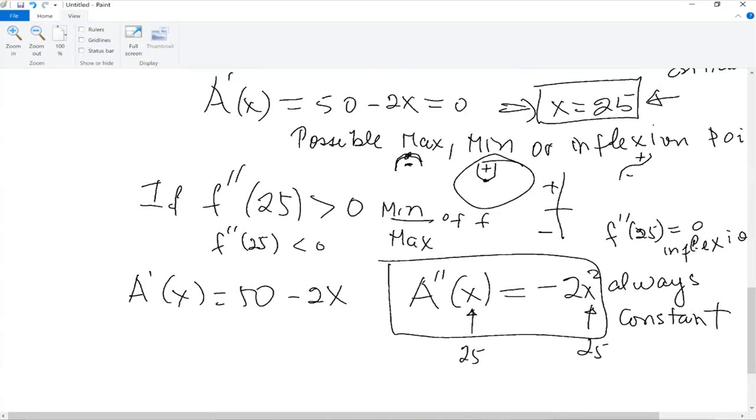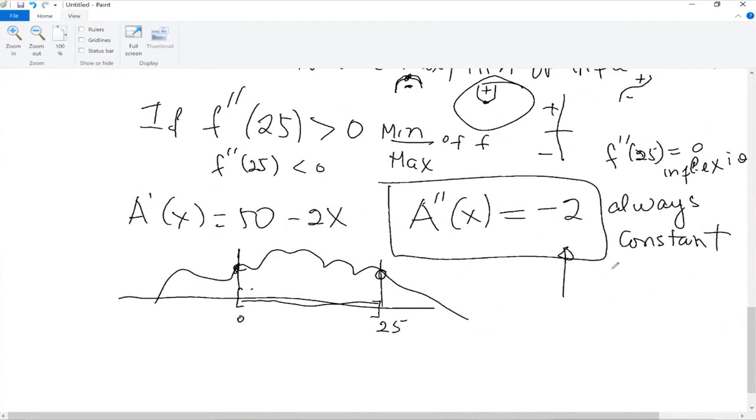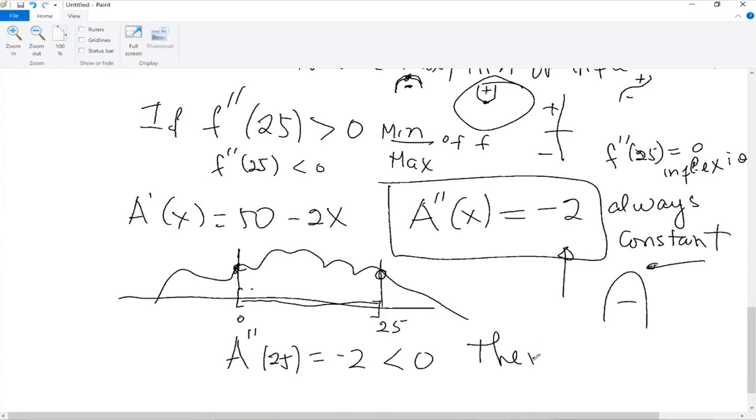But when there is no x, even at 25, it's minus 2. Then, at any x, this means, like that, minimum or maximum? It's a maximum. Okay? Then, as A second of 25 also gives minus 2, negative, there is a max at x equal 25.